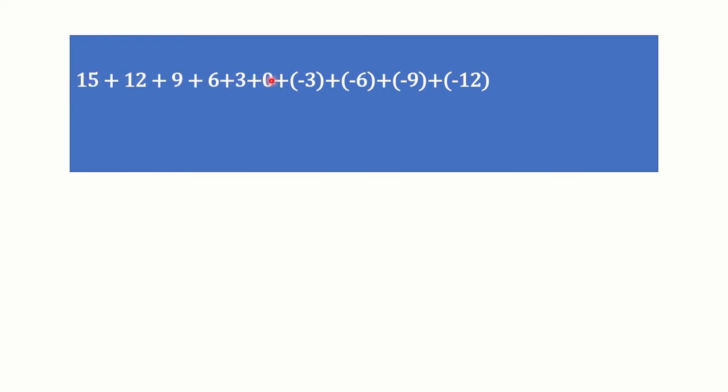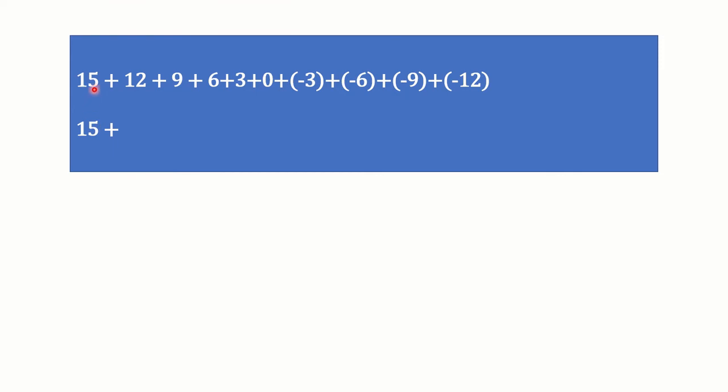Now in this case if you check, when you add all these terms, how much are you going to get? You are going to get 15. But if you don't take terms from 12 till minus 12, that means if you don't take terms from T2 till T10, again in that case you will get the sum as 15.